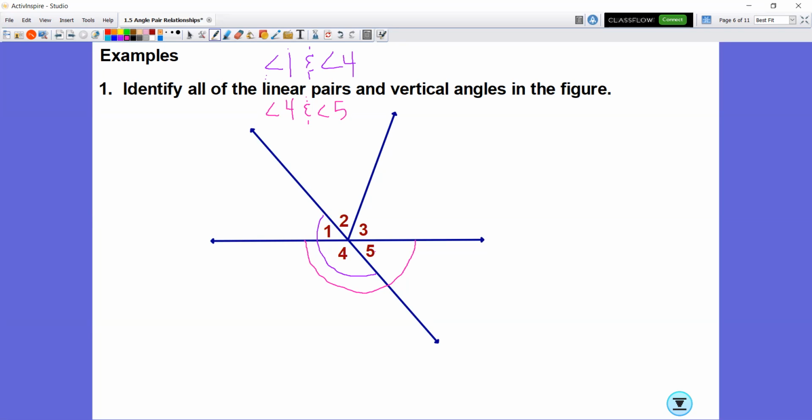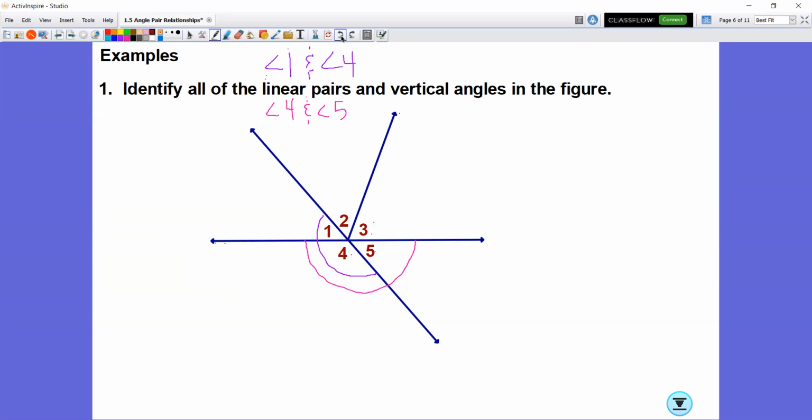Now for vertical angles. Remember, they share a vertex, they're directly across from one another, and they are the same size. You might be thinking, oh, 4 and 3 are vertical. Well, 4 is clearly an obtuse angle, and 3 is not, so that's not going to get us there.